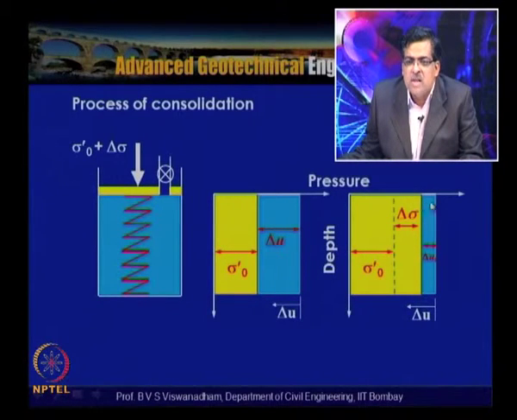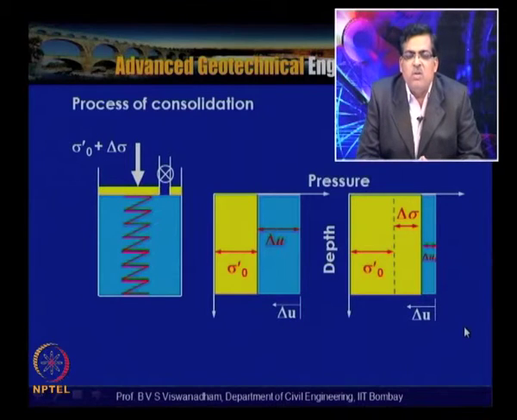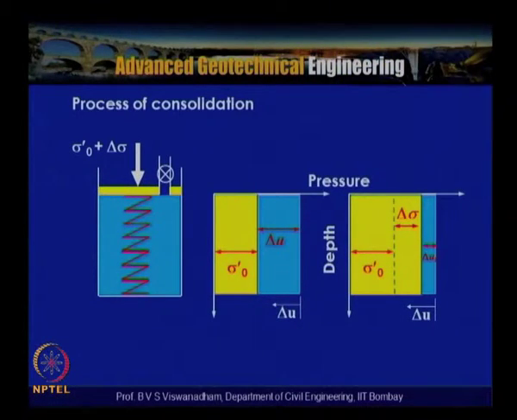So this is the isochrone at a time t, and this is at time t infinity, that is at the end of consolidation, the final isochrone. So isochrones are nothing but identical pore water pressures at a particular time, identical pore water pressures for identical times.